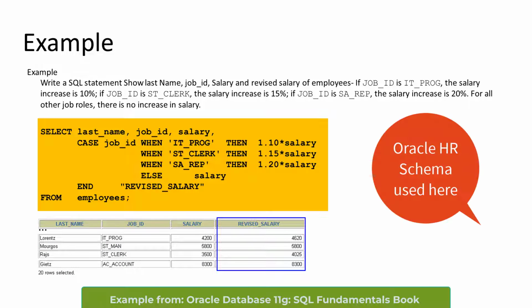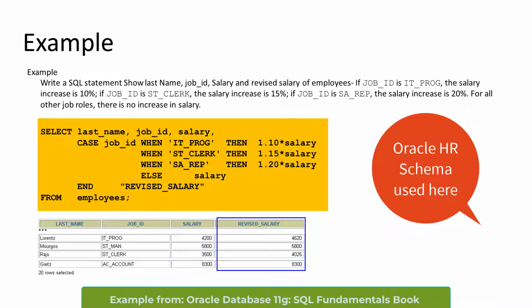So let's solve the example problem with the case expression. We can write select the last name, job ID, salary, and after that we start with case. And after that the expression is job ID when, and we write our first search condition. Here it is IT programmer, and after that use then, and there in the result we multiply the salary by 10%. After that we compare the conditions like store clerk, and after that sales representative.